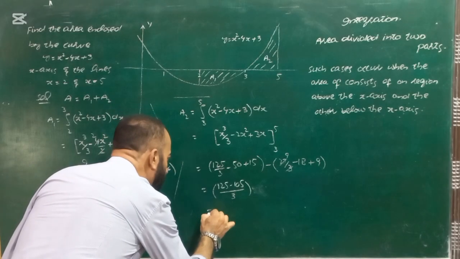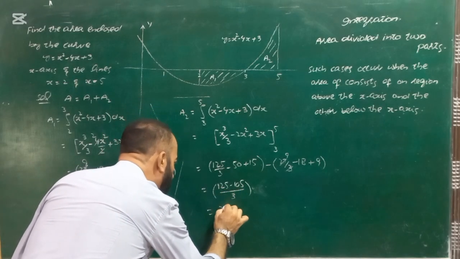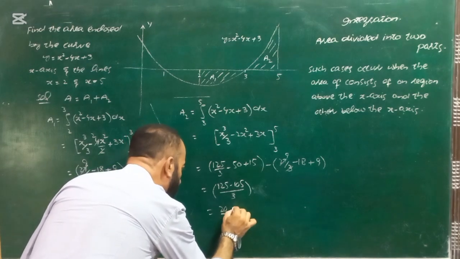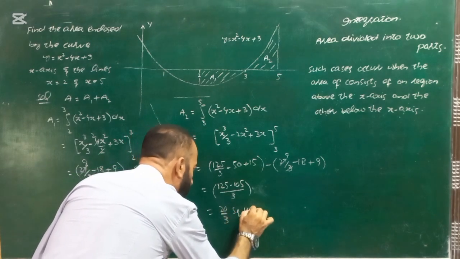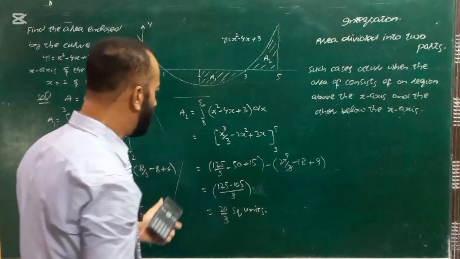From here, you can see now 20 by 3 square units. So this is the area of A2.